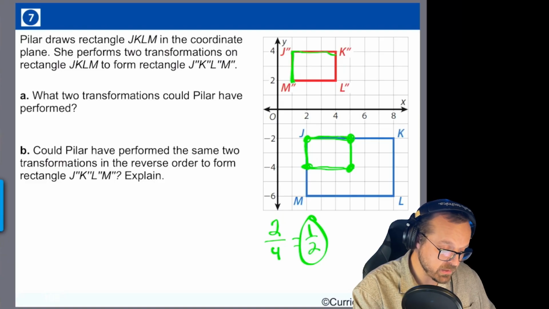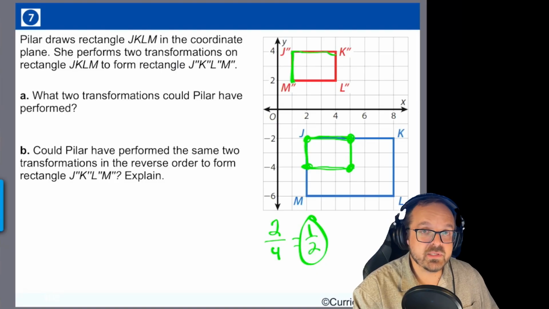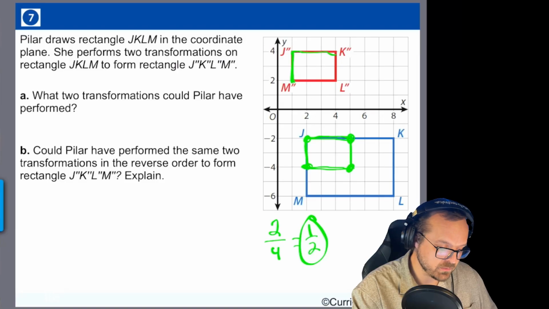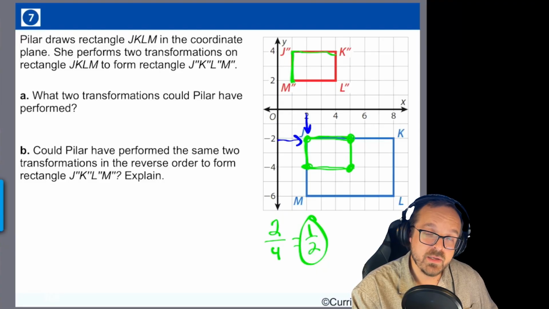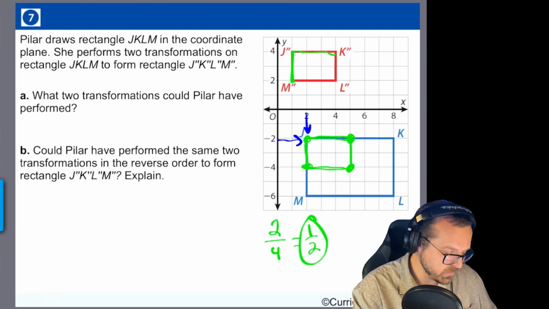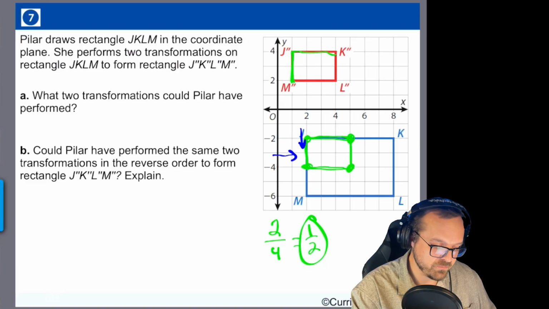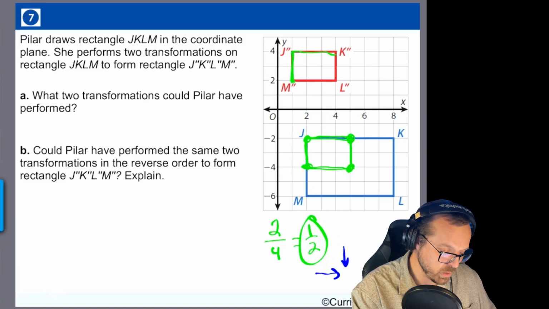But it's not going to stay right there because I'm going to dilate it about the origin, or toward the origin in this case, which means that my distance from my x-axis and my y-axis is also going to be dilated by a scale factor of 1/2. Well, those distances are 2, and because the distances are 2, multiplying that by 1/2 means that those distances are going to be 1. So that's going to move this in closer, up 1, and this over 1.